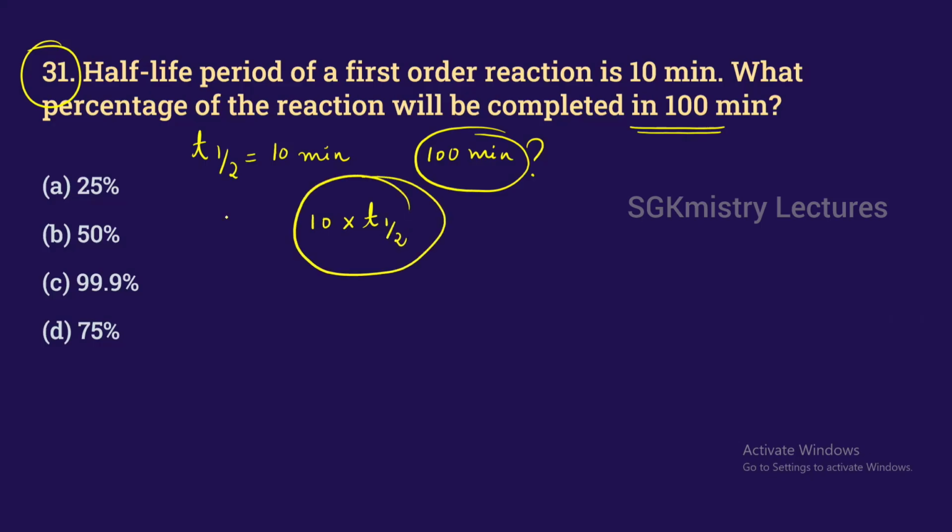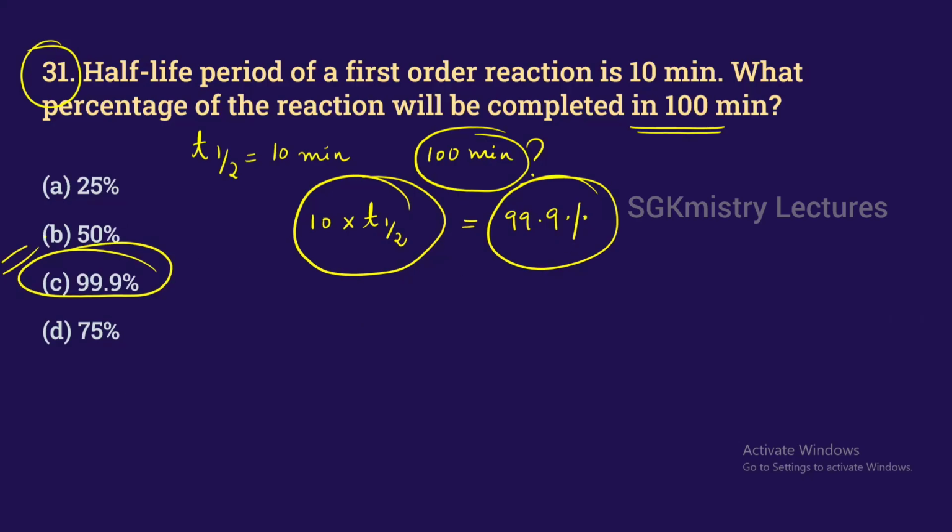So this I had already explained when I was giving some additional formulas in the explanation part of this chapter. I told you to remember a few things. Whenever we consider 10 into t half, that means this time is required for the completion of 99.9% of the reaction. So by looking at this question itself, we can easily select option C, 99.9%.